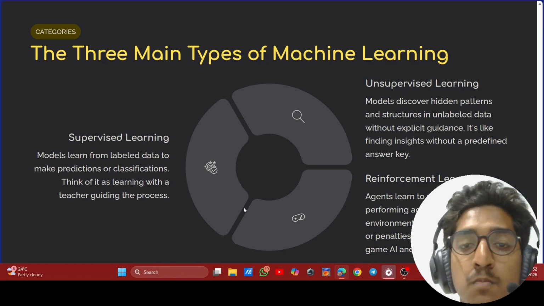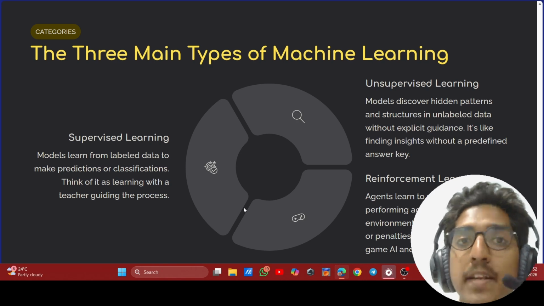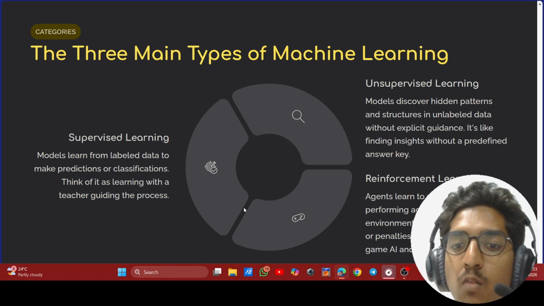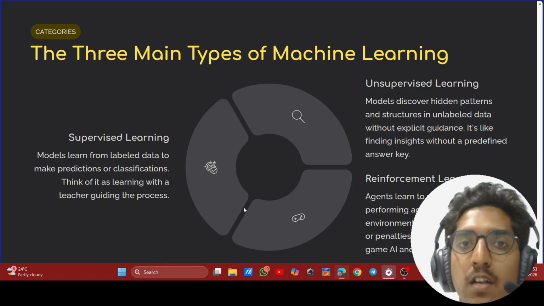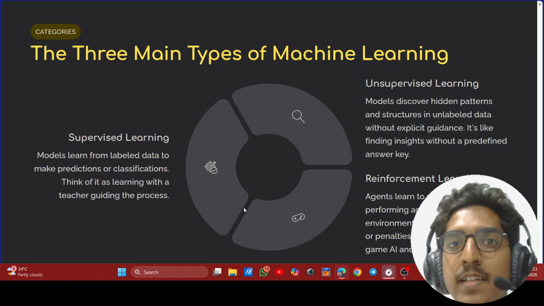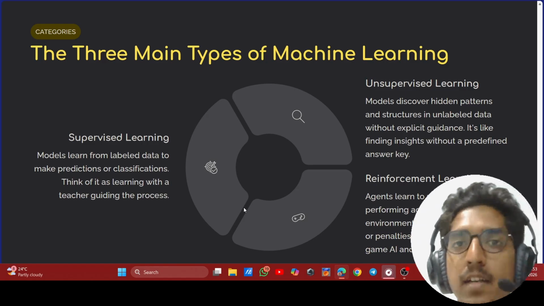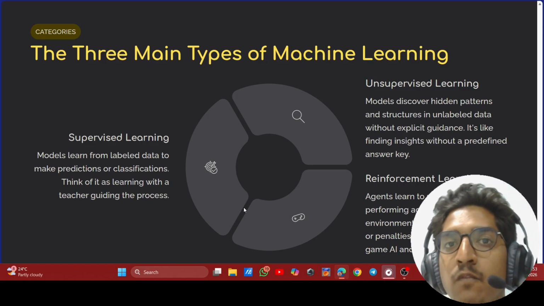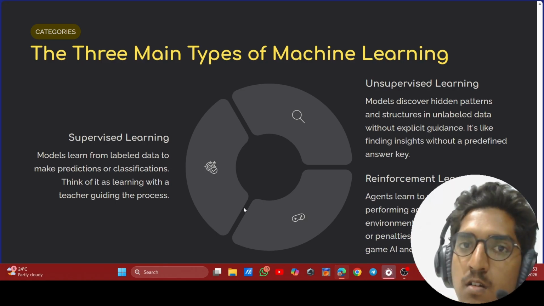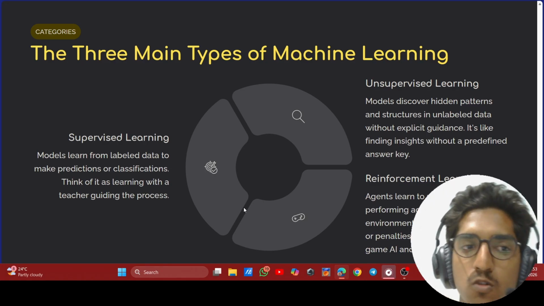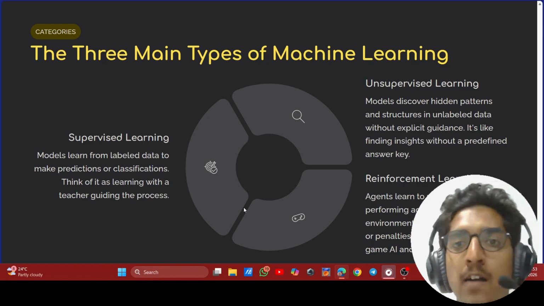And in reinforcement learning, the agent learns to make decisions by receiving rewards. If it does the wrong actions, then it gets a penalty, and it doesn't repeat a similar mistake in future as it learned the lesson from its past. So this is all about supervised learning, unsupervised learning, and reinforcement learning.